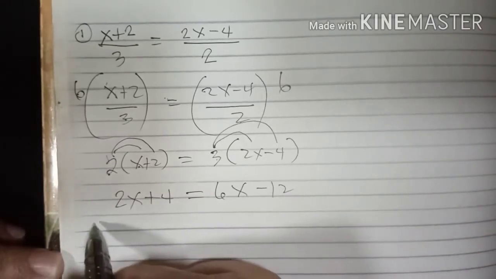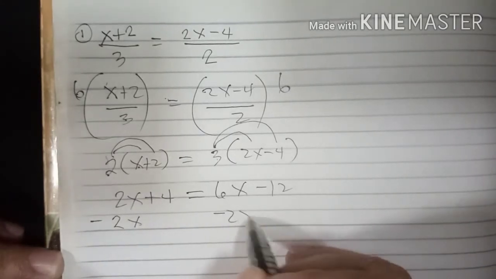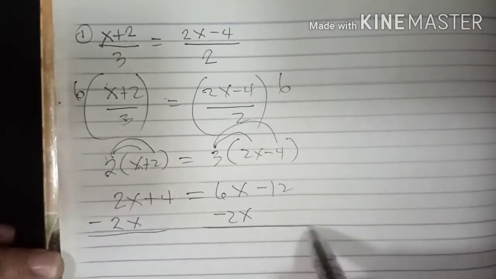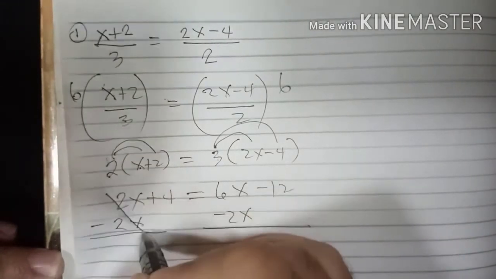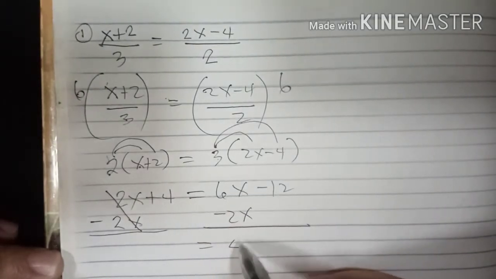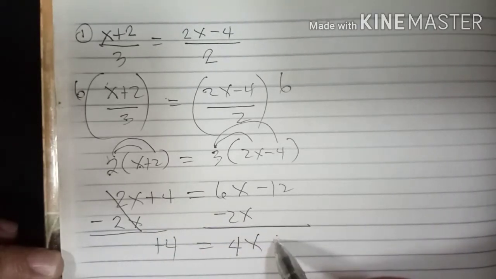So we subtract 2x here, and subtract also 2x here. So 2x minus 2x cancels, and 6x minus 2x is 4x, bring down positive 4 plus negative 12.